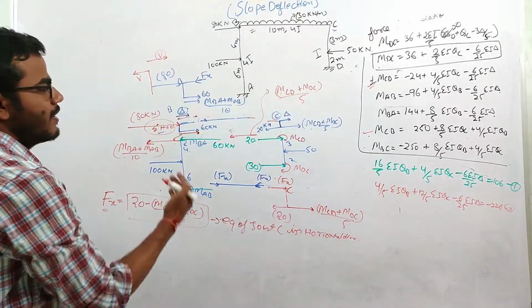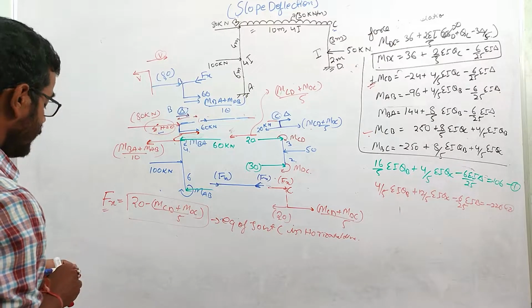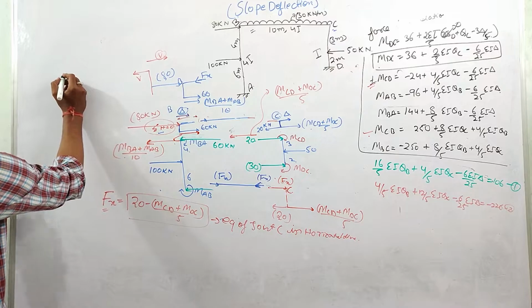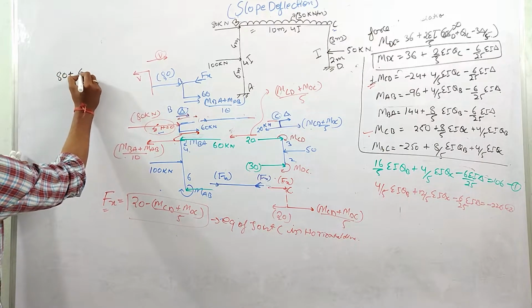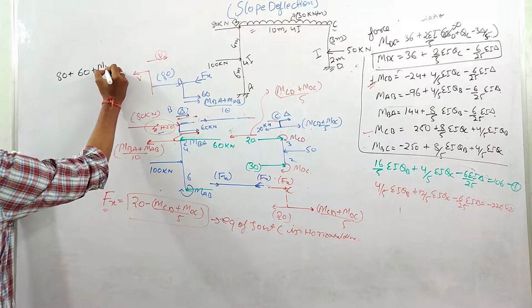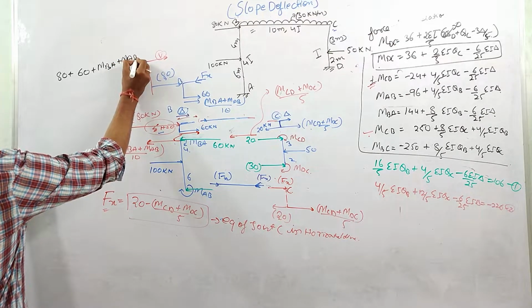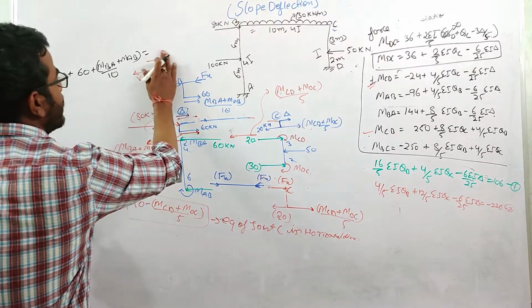Now if we come to this joint B, I can write this equation: 80 plus 60 plus MBA plus MAB over 10 equals Fx, and what is the value of Fx?